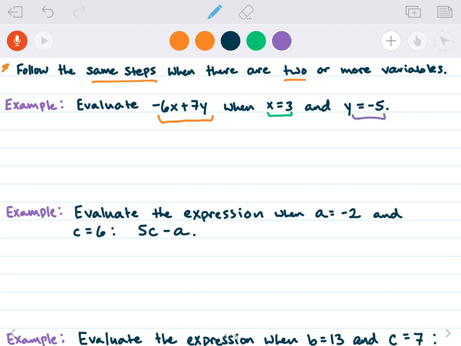So anywhere I see a variable, I'm going to leave an open space. So -6, I'm going to do green parentheses for x. I'm just replacing x with the green parentheses, and I'll do the purple parentheses for y.